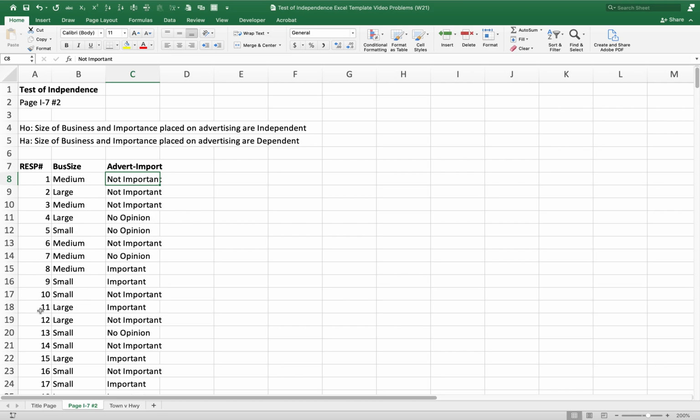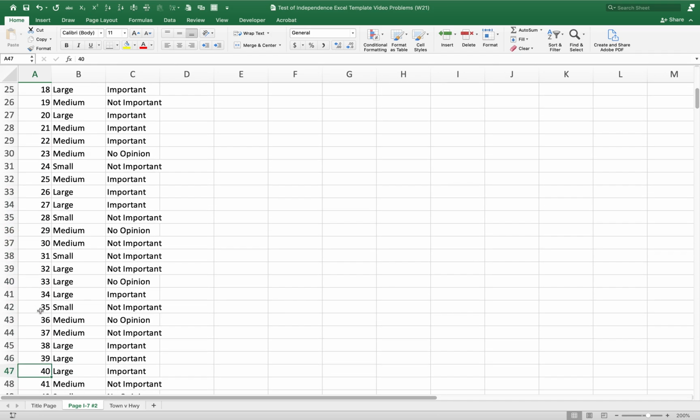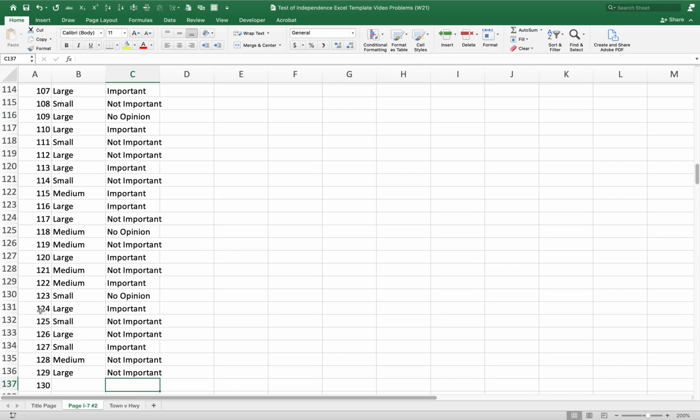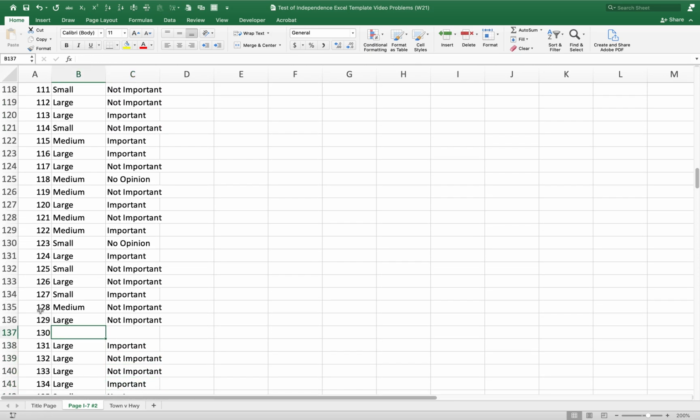So one thing I want you to note here is that as we go down here, you find that occasionally, such as on number 43 here, we don't have some data for this. And I'm going to go down a little bit further here. Here's another example where this particular respondent didn't answer either of them. Why? Well, this could be two columns out of a bigger survey.